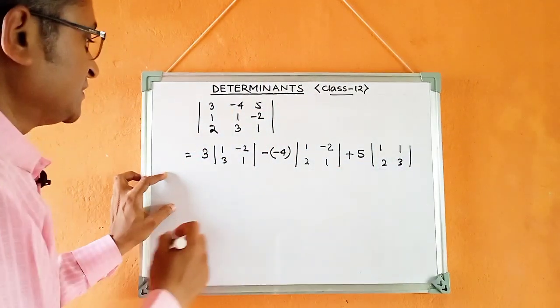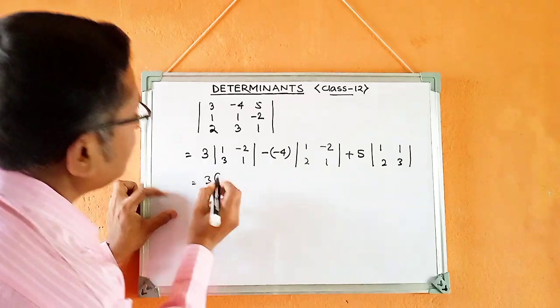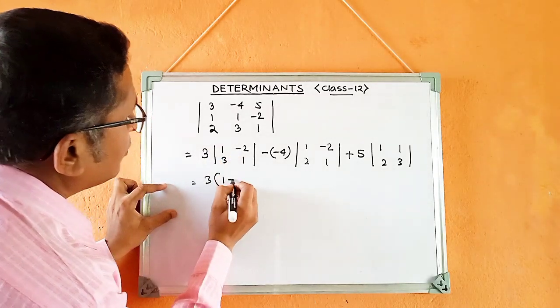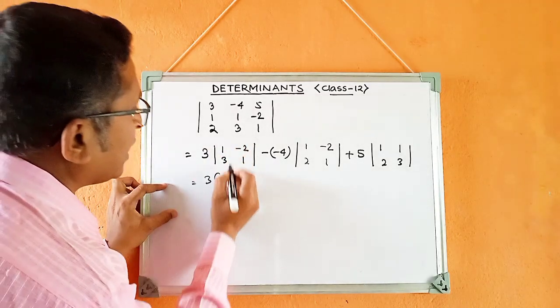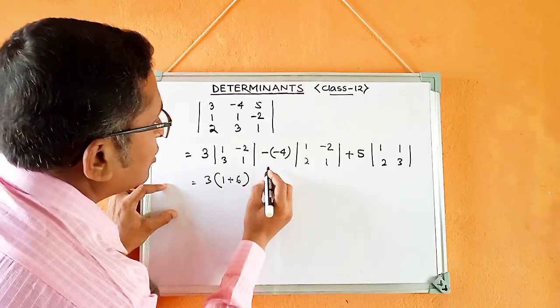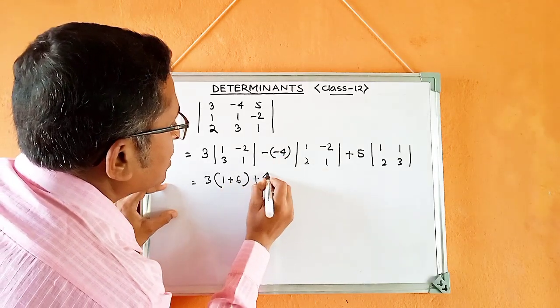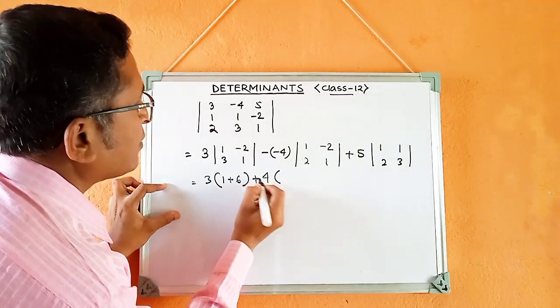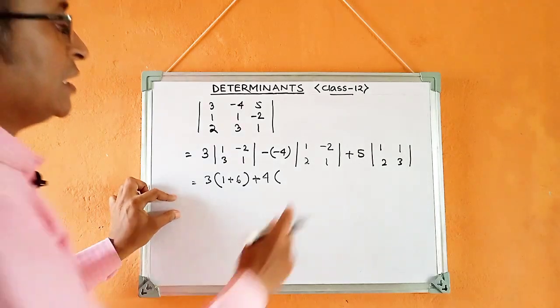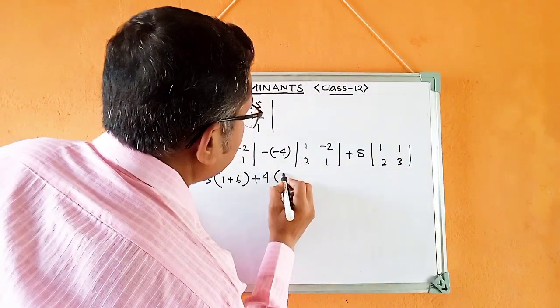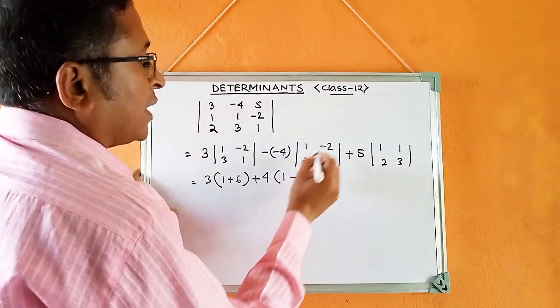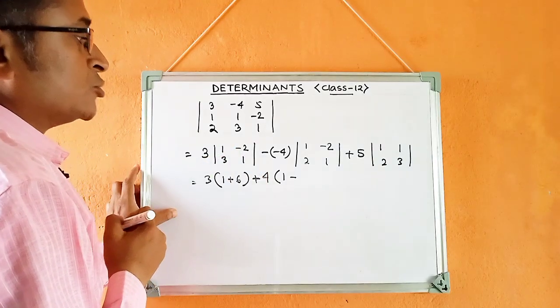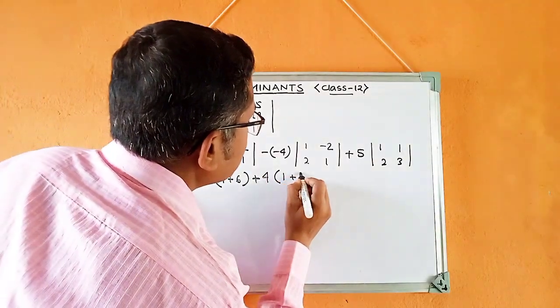Okay, now solve this. 3 into (1 into 1 minus minus 2 into 3), that is 1 minus minus 6, that means plus 6. Okay, minus minus becomes plus, so 4 into (1 into 1 minus minus 2 into 2, that is minus minus 4), so plus 4.